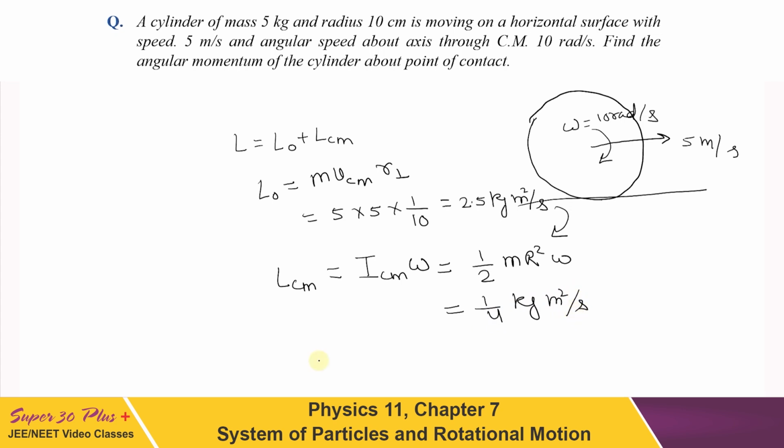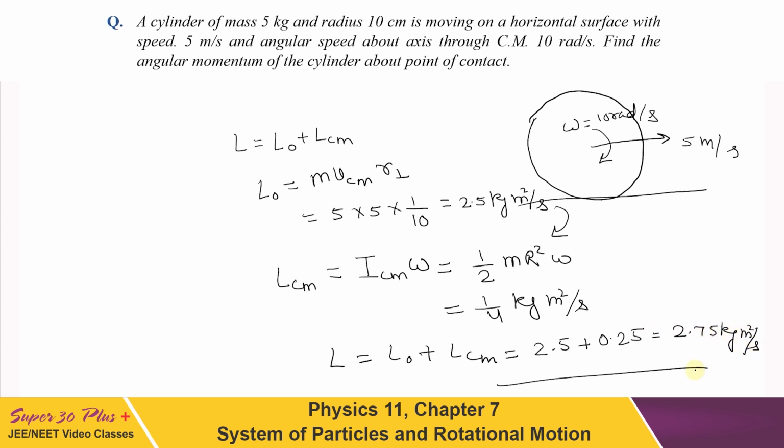Then the final result about the point of contact is LO plus LCM, which is equal to 2.5 plus 0.25, that is equal to 2.75 kg meter square per second.